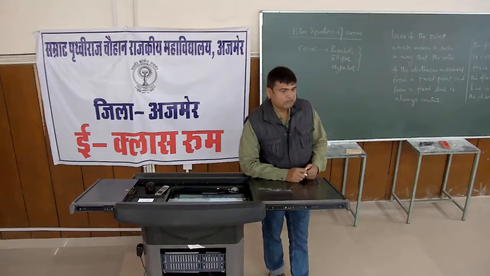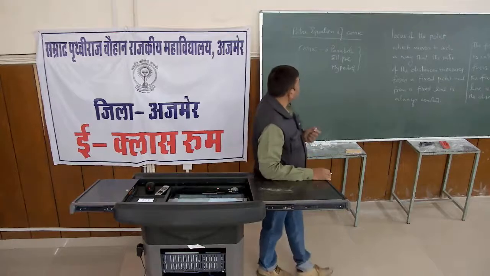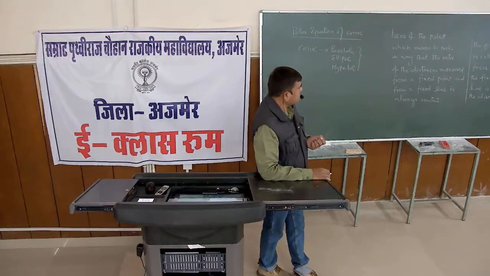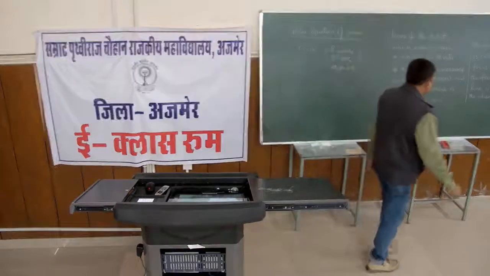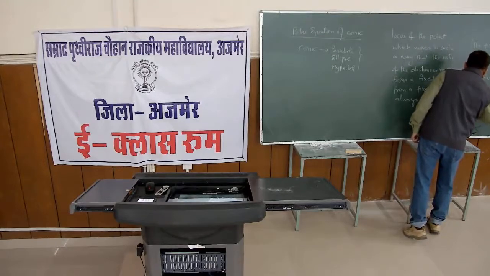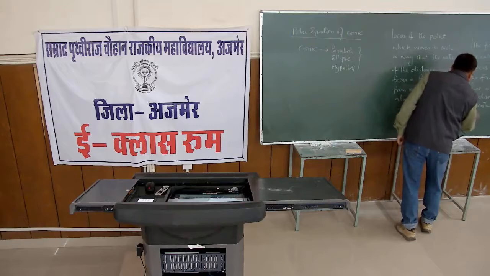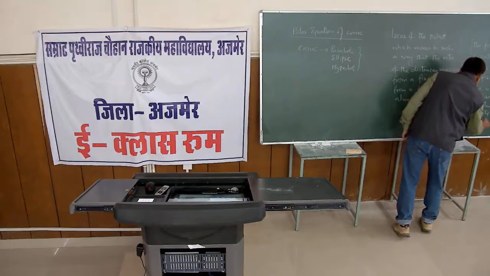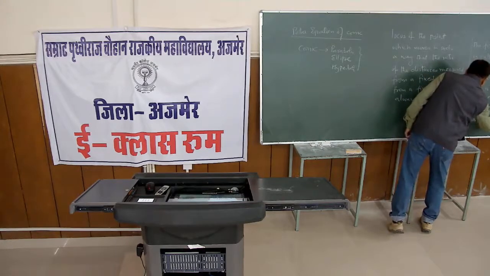We people are habitual in Cartesian coordinate system, but we will derive the polar equation of conic, that means in terms of r and theta. The constant ratio is called the eccentricity of the conic.